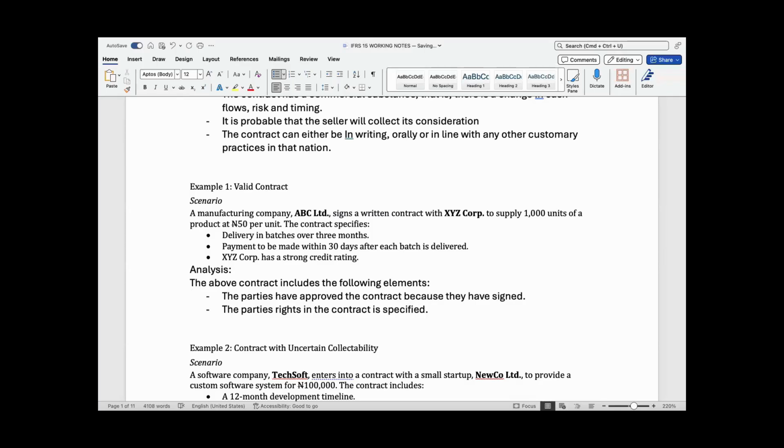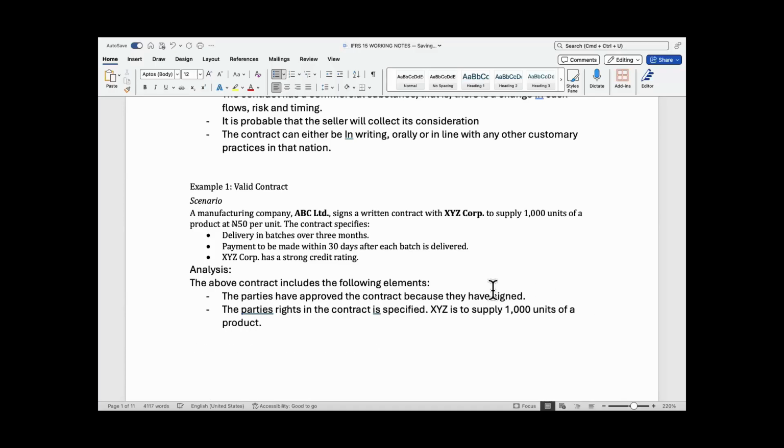Like ABC supplying 1,000 units of a product. That's its own obligation in that contract.